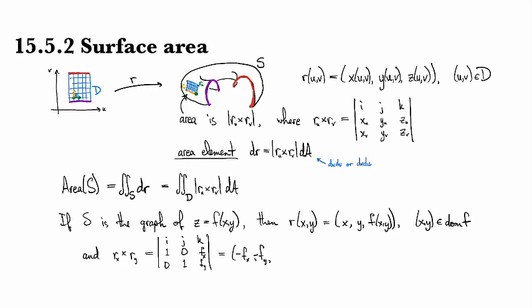And for the third coordinate, we're looking at the subdeterminant 1 minus 0. Okay, so there you have it. That's our cross product. And that implies that the magnitude is going to be the square root of the x partial squared plus the y partial squared plus 1 squared, which is 1. And we have our area element.